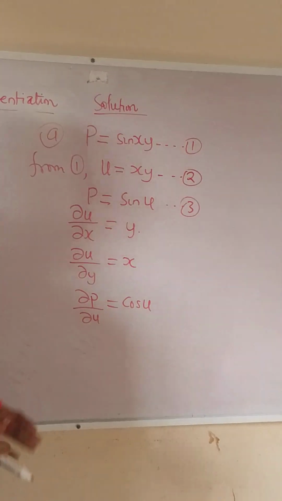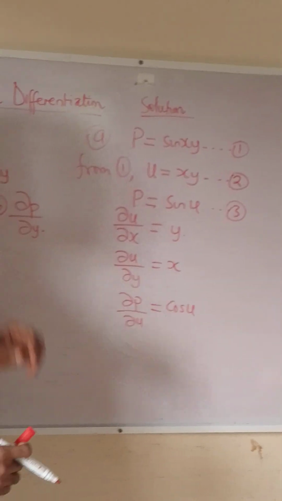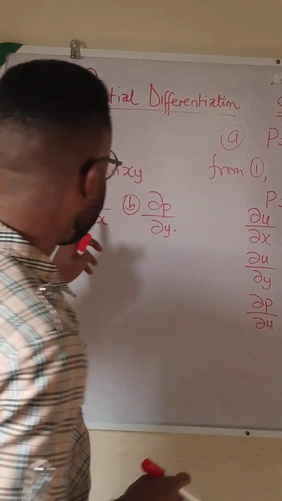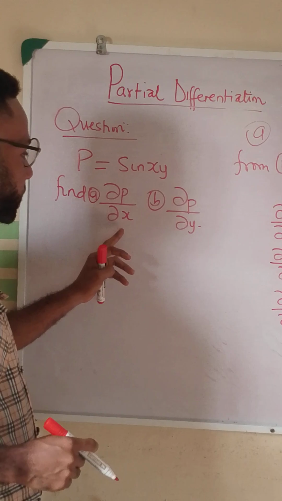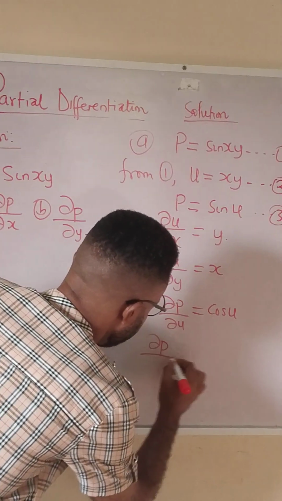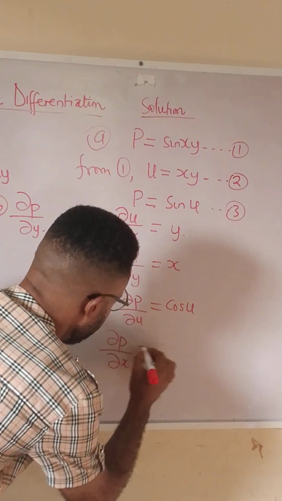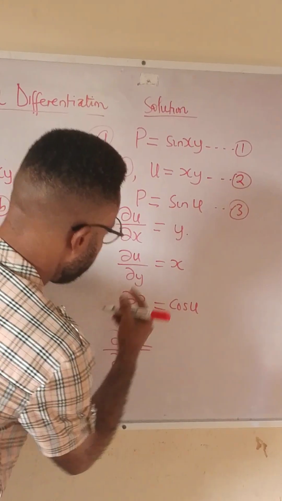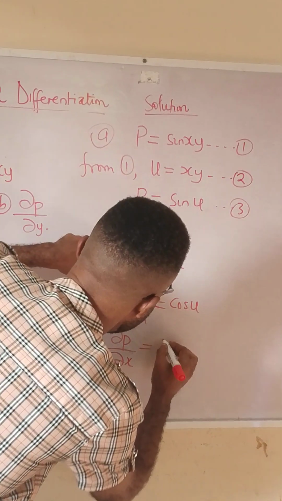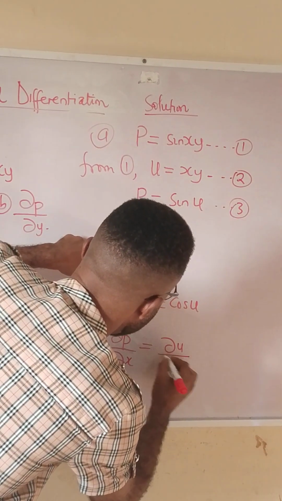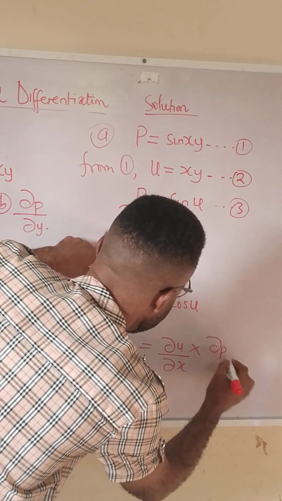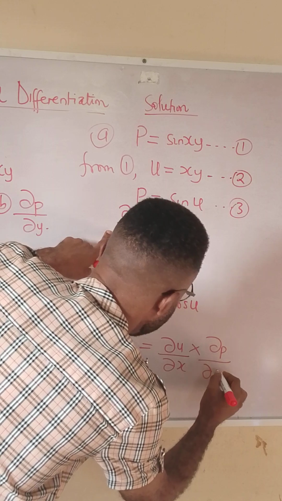Since we've gotten to this point, since it is a function of a function, we are going to be using the chain rule to solve it. For us to find the partial derivative of p with respect to x here, the partial derivative of p with respect to x will be equal to, since we are dealing with x, the partial derivative of u over the partial derivative of x times the partial derivative of p over the partial derivative of u.